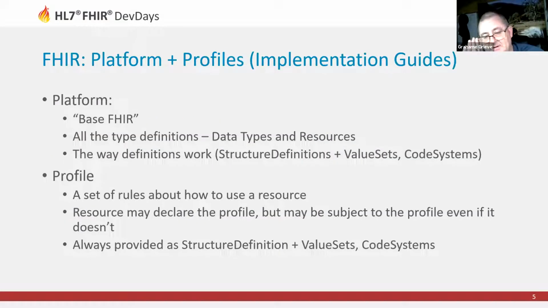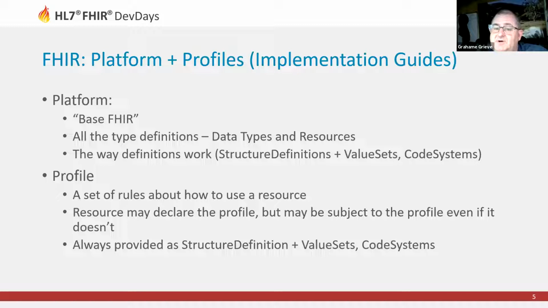Now I want to talk about managing content. At the content level, FHIR is really a two-layer specification. That's how we encounter the specification. There's the base FHIR specification, the definitions of the types, both the data types and the resources, and it also lays down the way the definition infrastructure works.